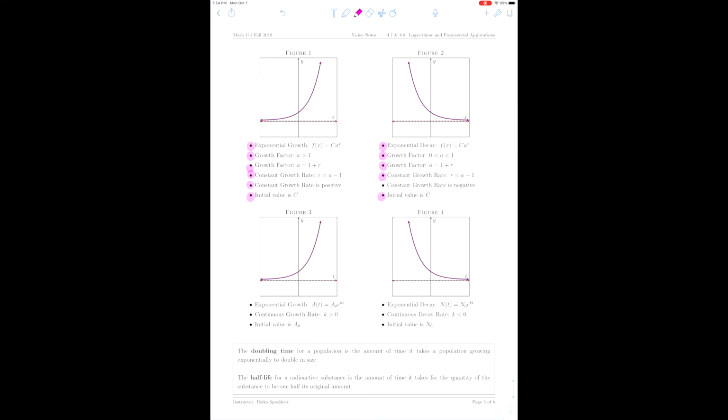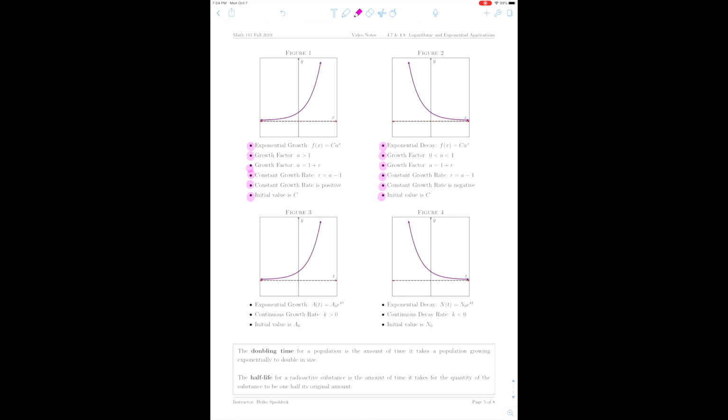So when we have exponential growth, our constant growth rate will be positive, while when we have exponential decay, our constant growth rate will be negative, because a will be less than 1, so a minus 1 will be negative at the end. So that's a little refresher about our basic function f of x equals c times a to the x power.